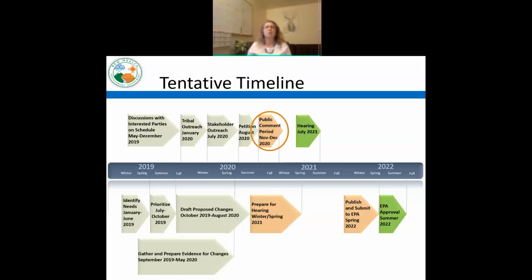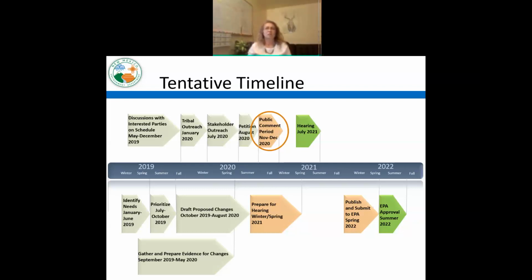Then from about September 2019 to May 2020, NMAC gathered and prepared evidence that it would need for the proposed amendments that were identified. At the same time, and as shown on the top row, between May and December 2019, there had been ongoing dialogue with interested parties. Then in January 2020, tribal outreach efforts were initiated.